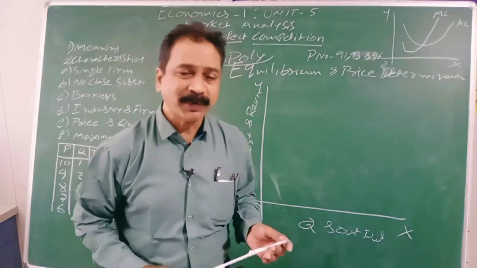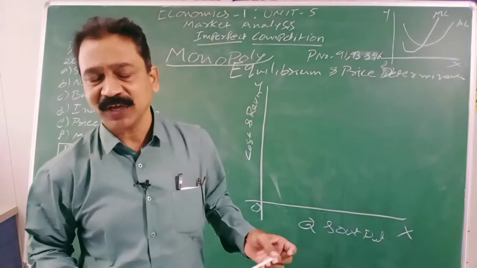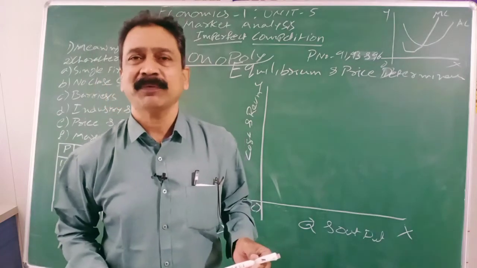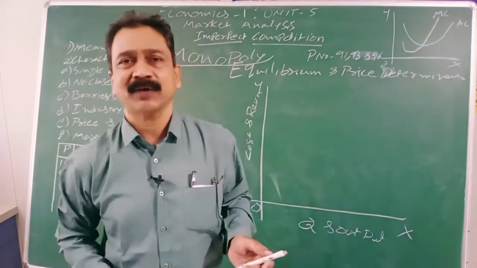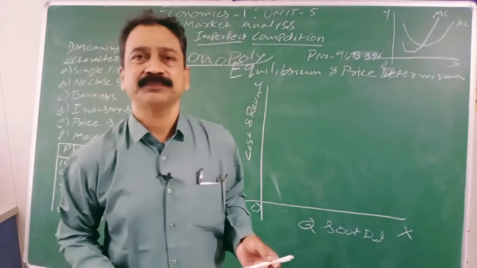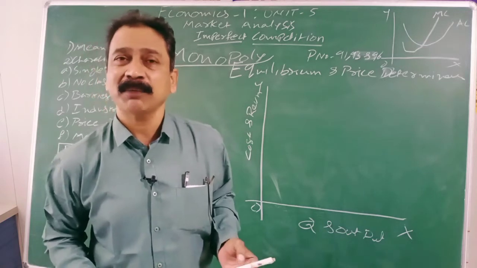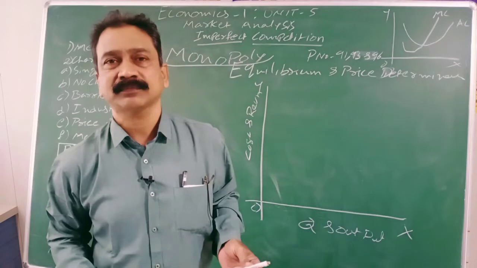But generally monopolies, once upon a time it was a different issue, but nowadays monopolies are generally controlled by governments. Government monopolies. Like up to the last 3-4 years back, railways was a monopoly under the control of the central government. Now also RTC, Road Transport Corporation, is a monopoly under the Telangana state government.